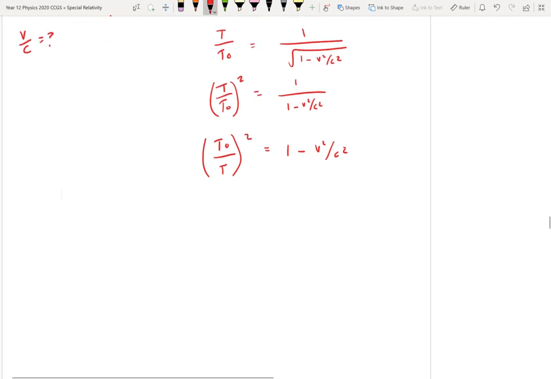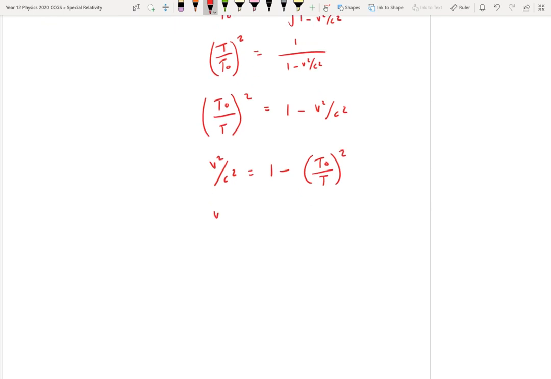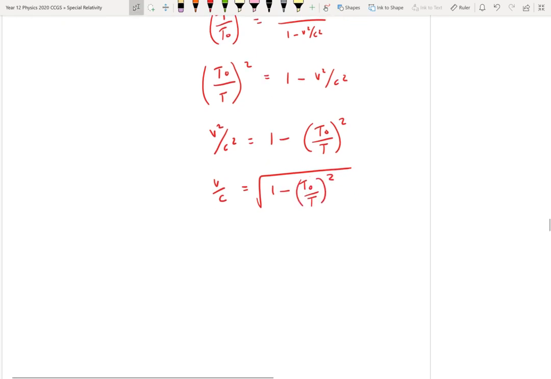Actually, I did, so let's just keep leaving it in general form. I'm going to go 1 minus, so subtract 1 and then multiply by -1. I'll get v squared on c squared equals 1 minus that. And then I might take the square root of both sides. It looks very similar.